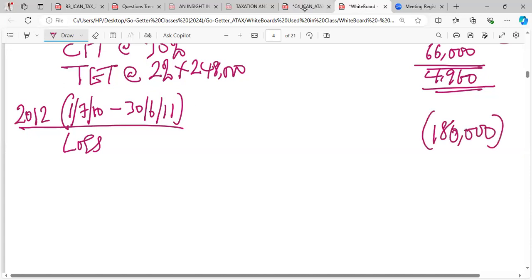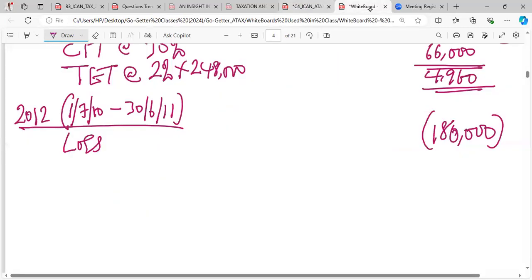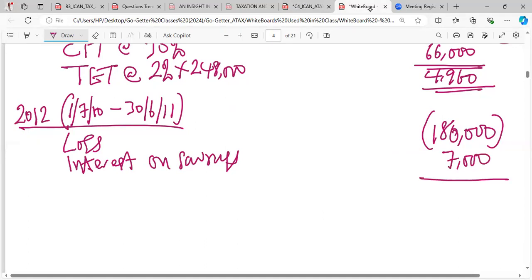What else are we given? Interest on savings, 7,000. That means this negative figure will reduce by 7,000, so it will become 173,000. Assessable loss.